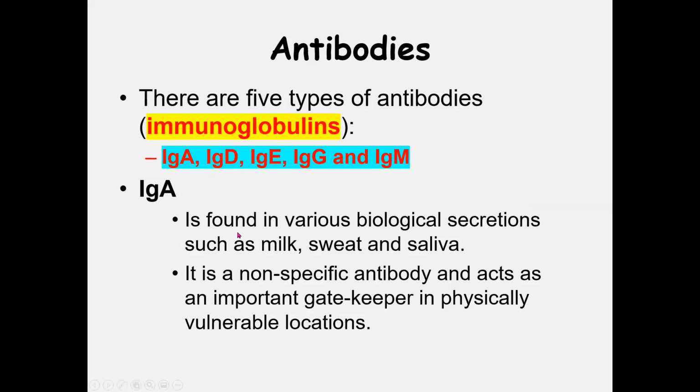And so the IgA is found in milk, sweat, and saliva. So basically, we produce them, we pump them into the liquids that we produce, and they're not that specific. If a bacterium or a virus comes along, they will get rid of it.